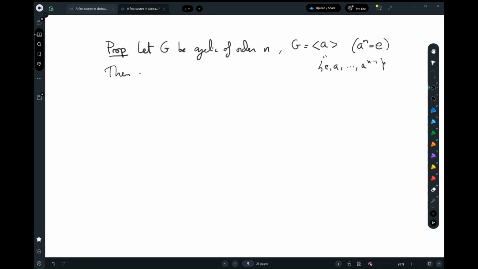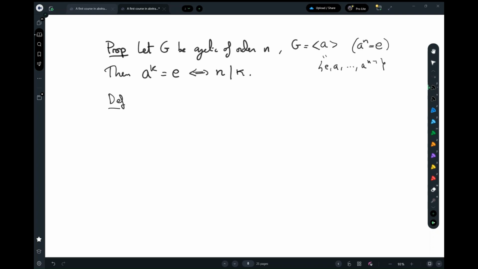Then the only powers of a that give me the identity are those powers that are divisible by n, by the order. Okay, so this also says, we're going to define order in a second. Let me actually just define it right now so I can rephrase this in terms of order.